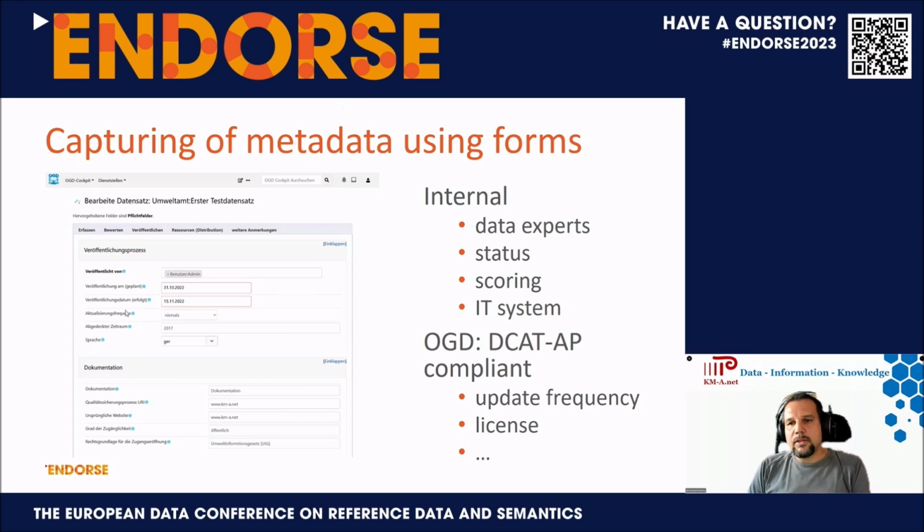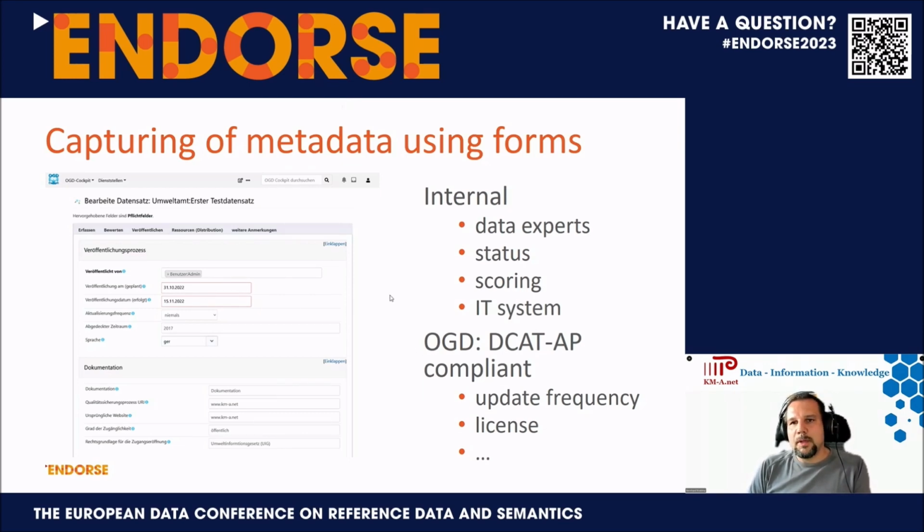This also is facilitated by online forms. So here you have metadata that is internally relevant. Who is your internal data expert? What is the status of this data set? How is this internal scoring? In what IT systems is this data set stored? And you have also metadata that is already DCAT-AP compliant, because things like update frequency might be also internally relevant.